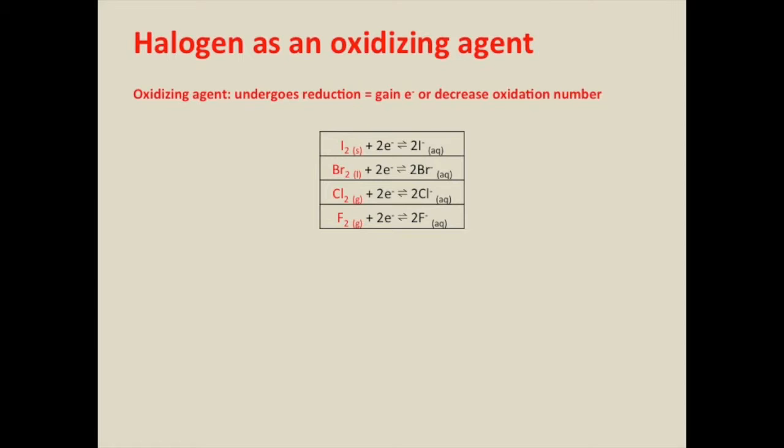First of all, we want to ask why iodine is a weaker oxidizing agent while fluorine is the stronger oxidizing agent. Well, the reason behind is very simple. First of all, we need to understand the reactivity of halogen. Similar to the nonmetals, the reactivity of halogen will decrease down the group.